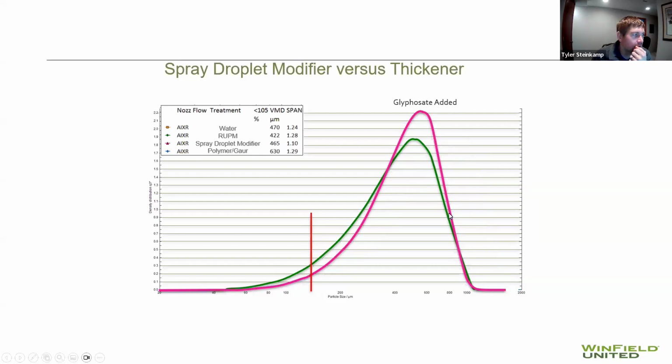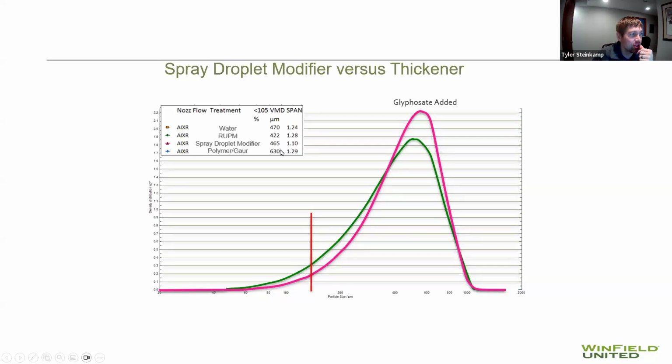Okay, so here you can see it compared to Roundup Power Max, makes more consistent droplet size and less driftable fines. And it does it without dramatically increasing the droplet size. So it went from 422 to 465, basically right back to what we were with water.